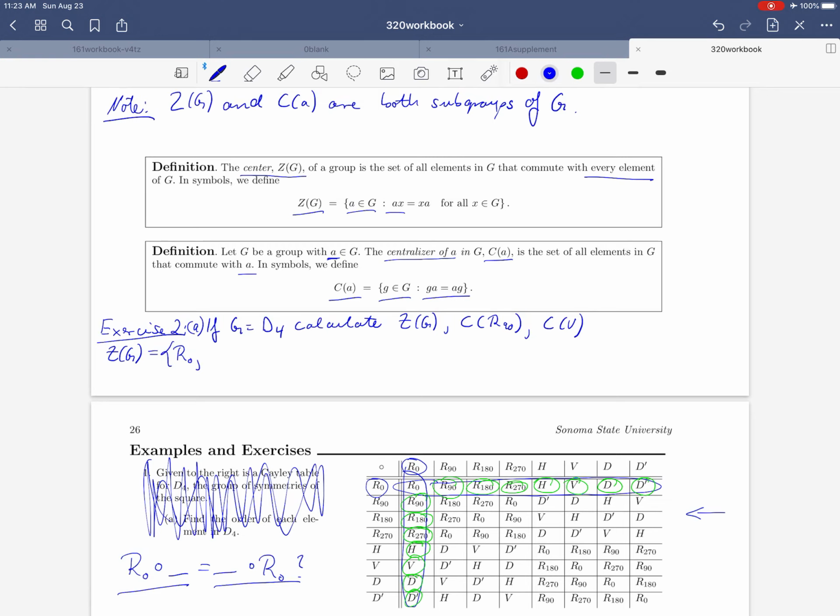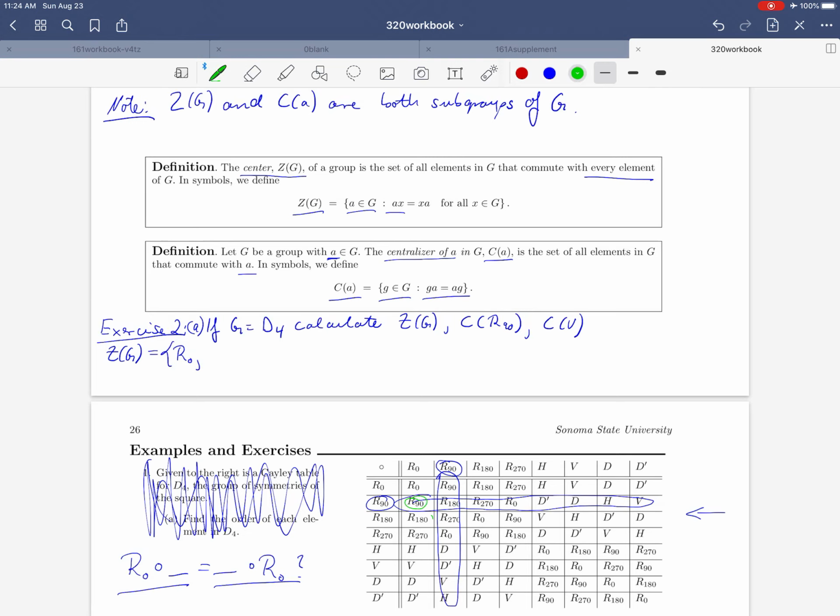Okay, let me do some cleanup, because next we are looking at our next group element. So now we are looking at R90. Let's see if R90 commutes with everything. So we need to compare the second row with the second column, and it starts out okay.